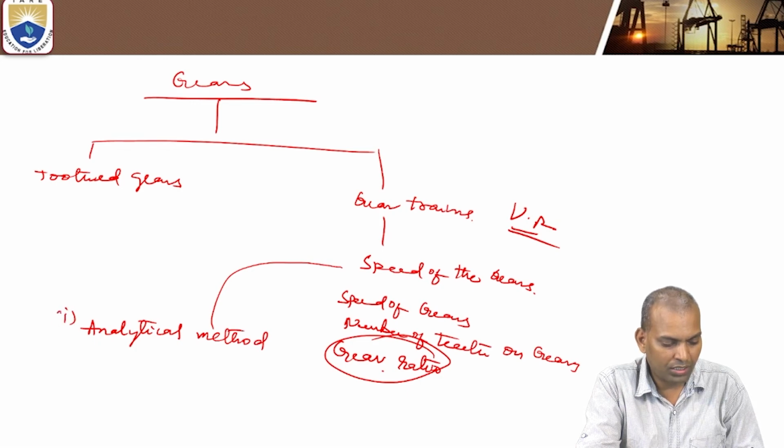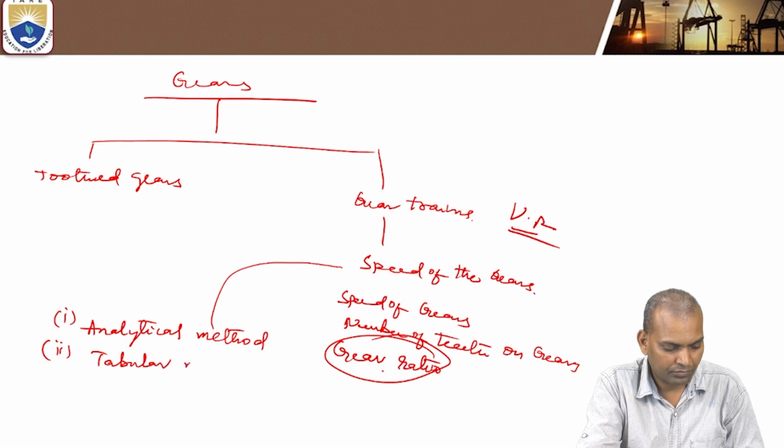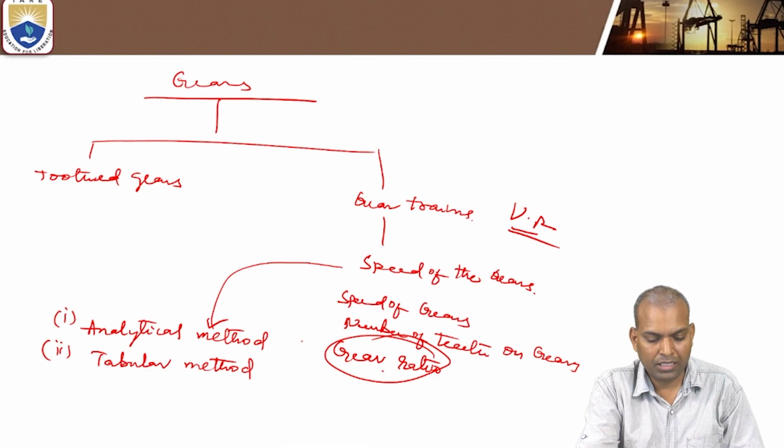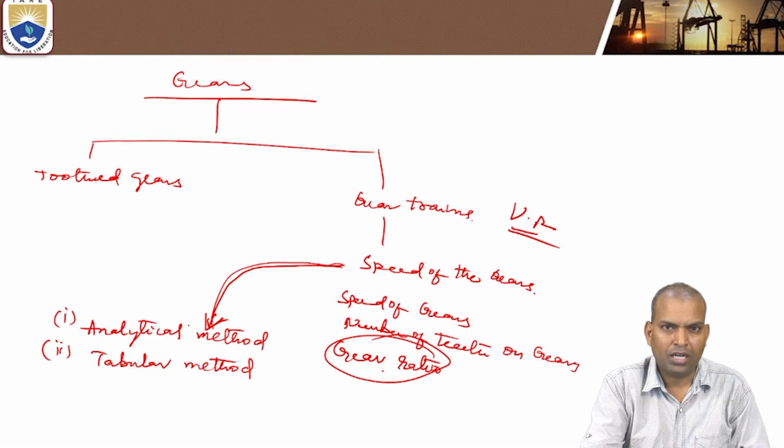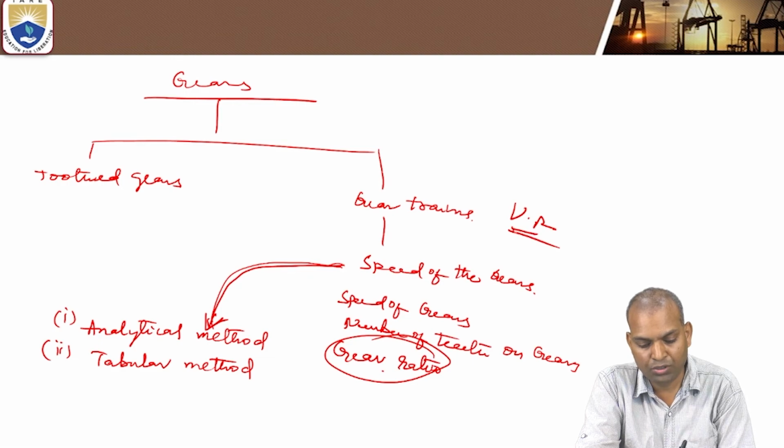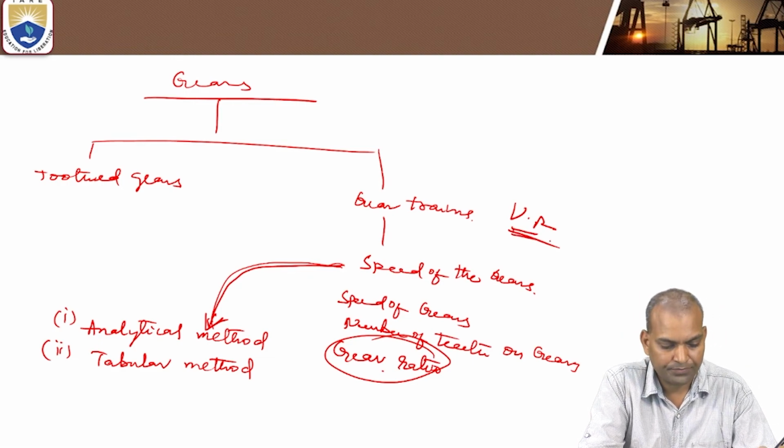Number one, analytical method, and the second one is tabular method. Both are used for calculating the velocity ratios of the gears.